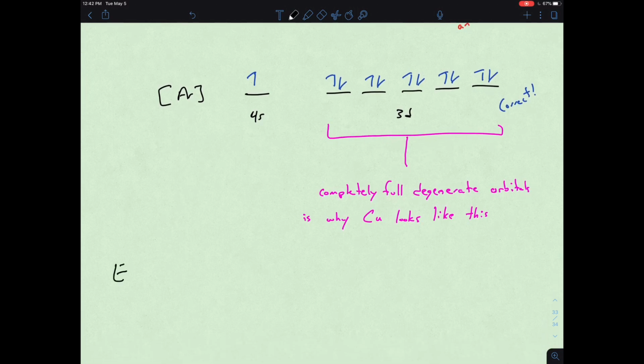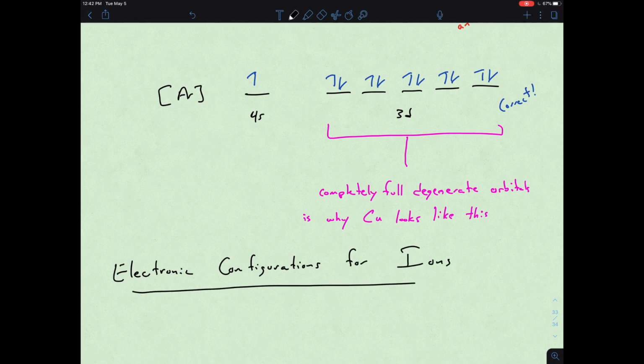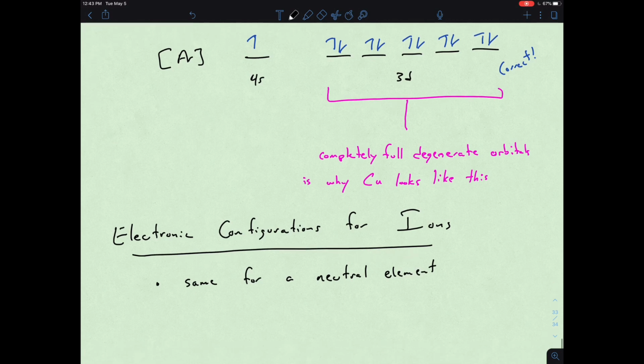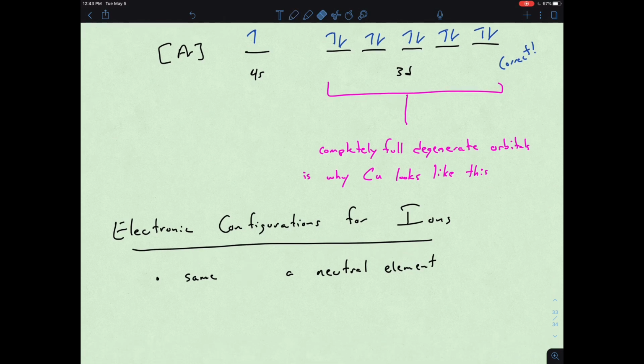When we look at electronic configurations for ions, just realize that this is the same as for a neutral element, so we've still found the same criterion.